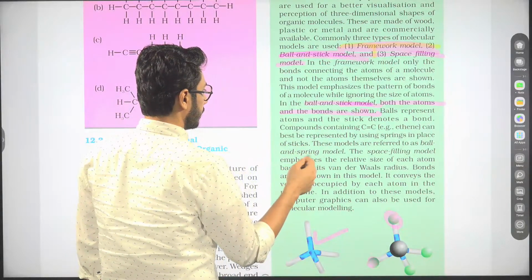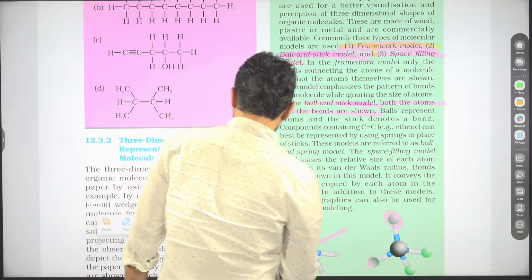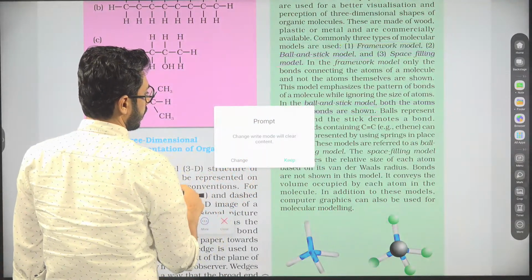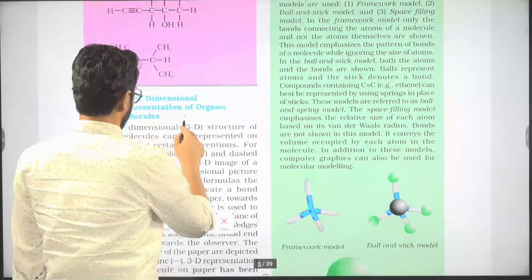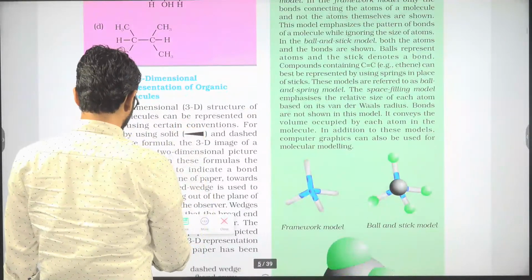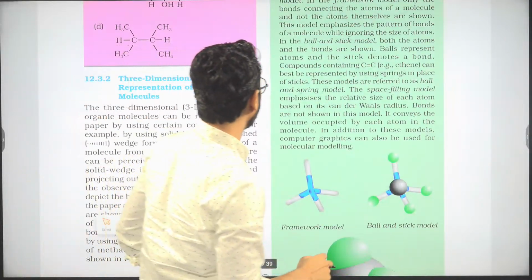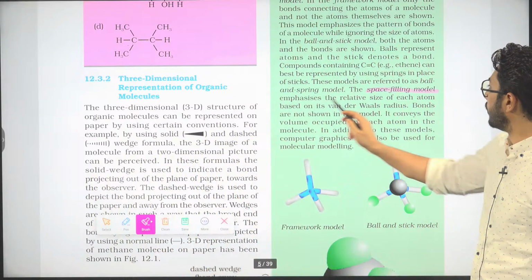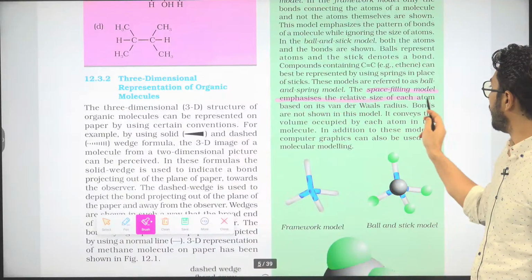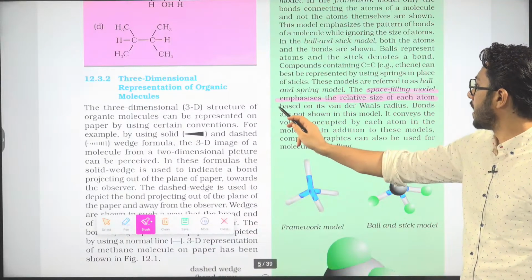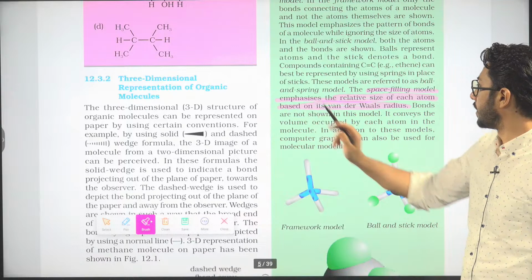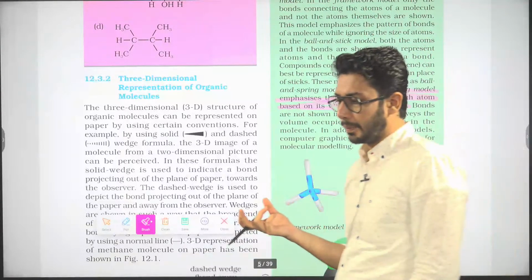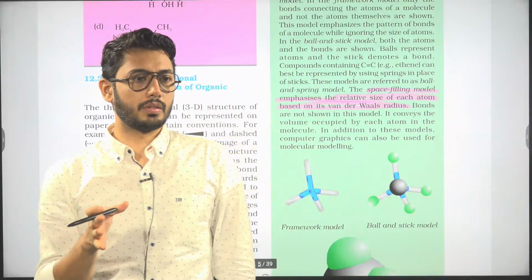And the other one is the space filling model. The space filling model emphasizes the relative size of each atom based on which factor? Van der Waals radius. So these types of theoretical points may be useful for which thing?